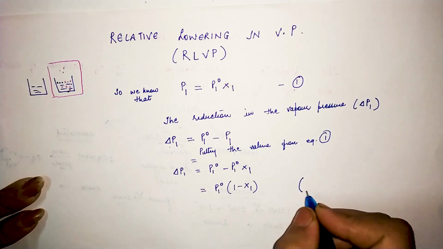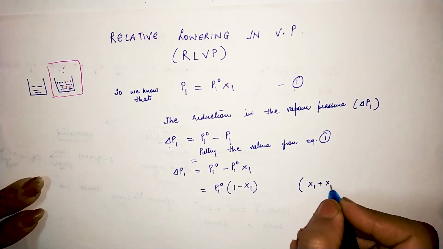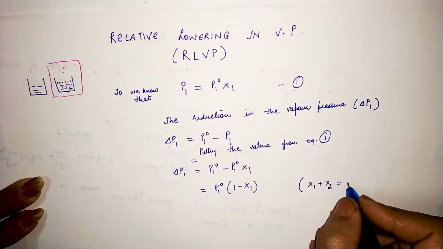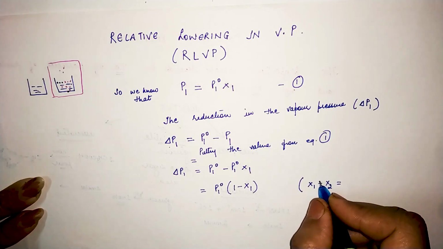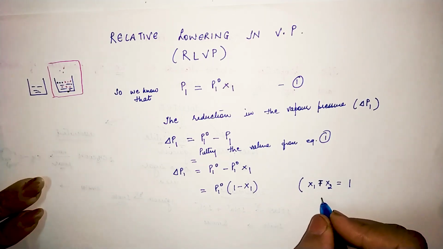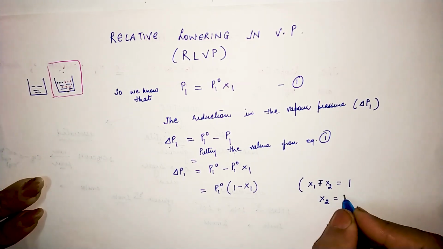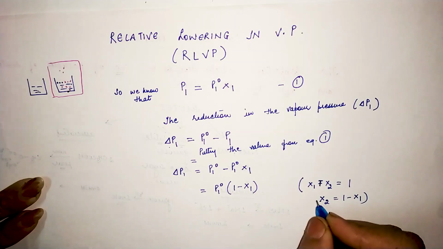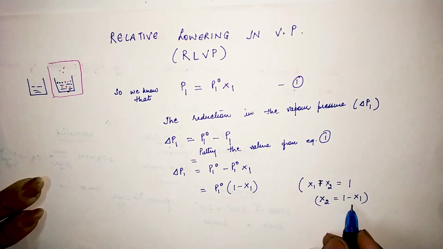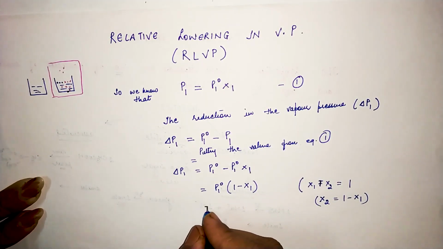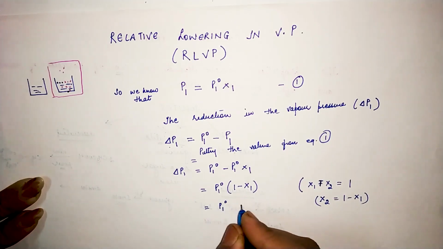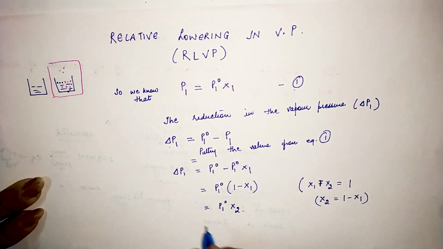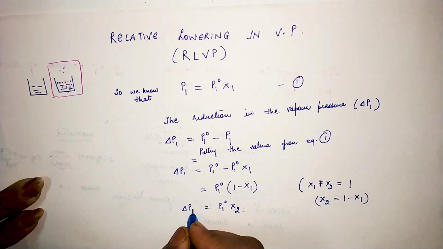Now we also know that X1 plus X2 is equal to 1, or X2 is equal to 1 minus X1. So putting the value of 1 minus X1 as X2 here, I'll get P1 naught into X2, and this is nothing but delta P1.